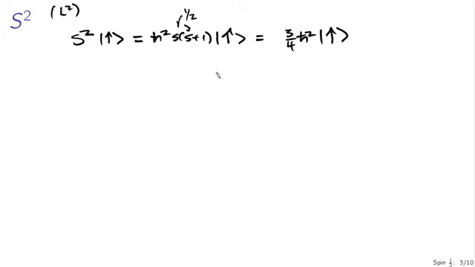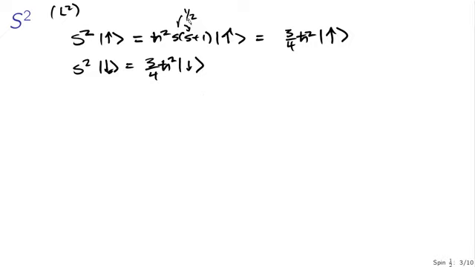We can use this sort of expression, which of course has a counterpart, S squared acting on spin down. The spin down state is also an eigenstate of S squared, with the same eigenvalue, 3/4 h bar squared. I'm having trouble with my fractions today. 3/4 h bar squared spin down.